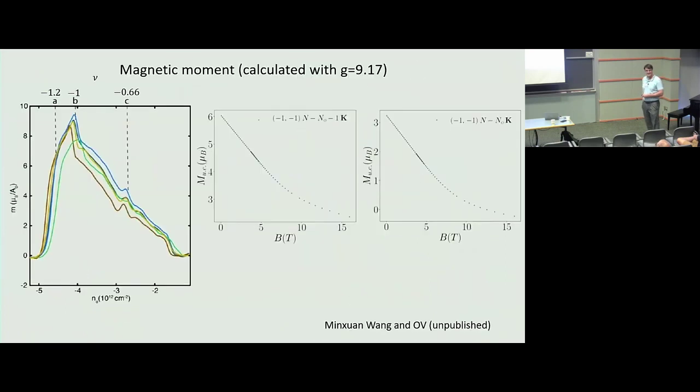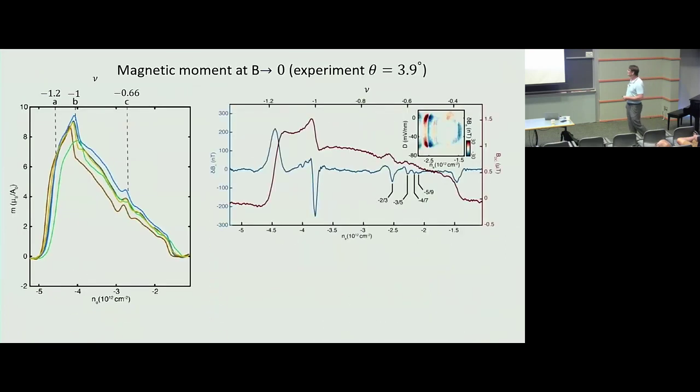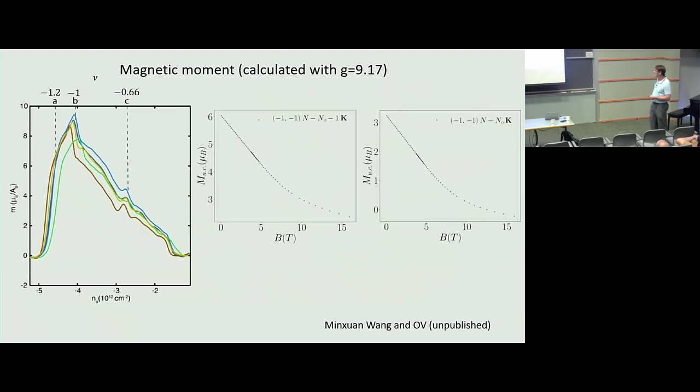You didn't ask this, but it is in my slides. There's this beautiful data from Andrea's group where they measure the magnetic moment of these devices. Since we have a way to compute the total energy as a function of magnetic field and particle number, we can extract the moments. This is not published, but we can do it at fairly low magnetic fields, and then we interpolate to zero magnetic field using this calculation.